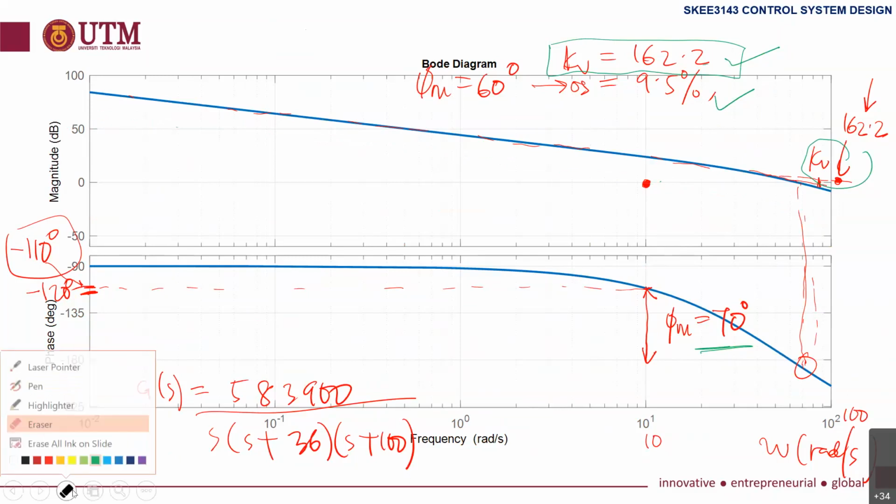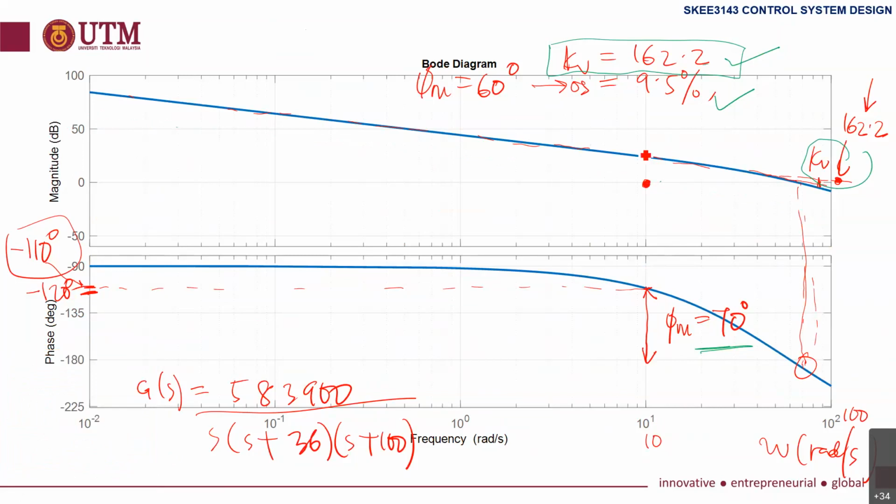How to design a lead compensator? First, we need to know this value, because we want to make it 0. If you check this value, here it is about 24 dB.